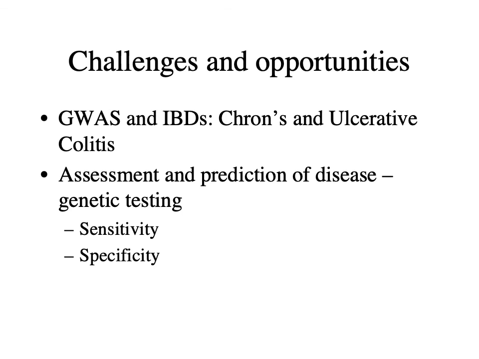The success and utility of genome-wide association studies is clearly exemplified by inflammatory bowel disease, including Crohn's and ulcerative colitis. We have been able to make inroads on the assessment and prediction of disease, as well as developing genetic tests. And recall that genetic tests really must be sensitive and specific.